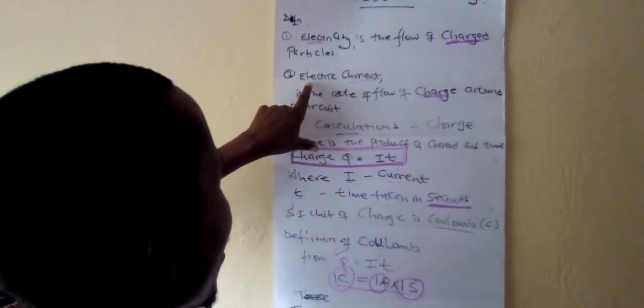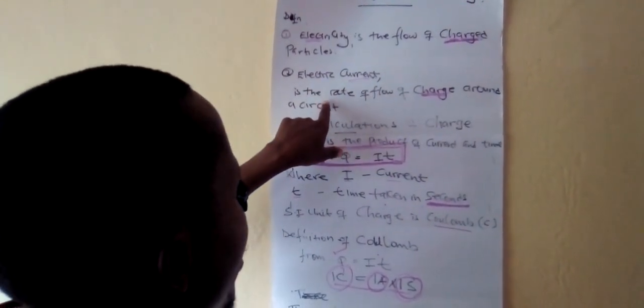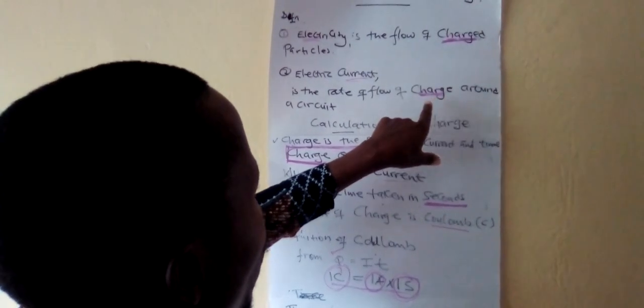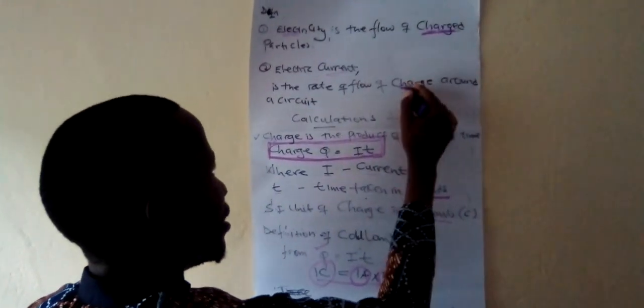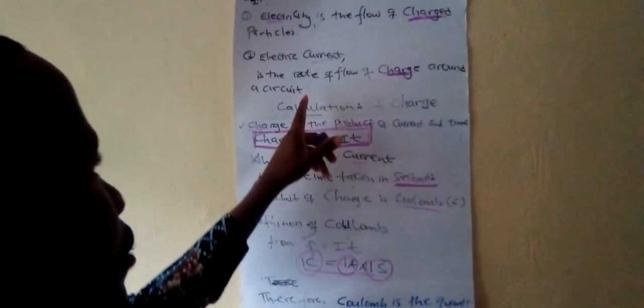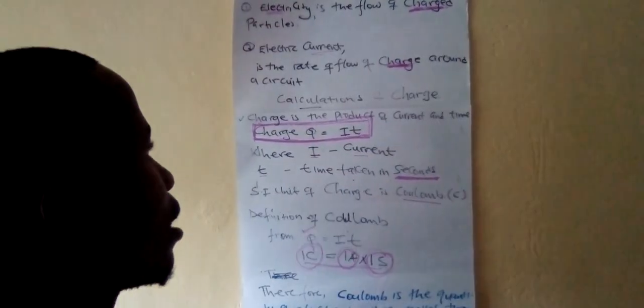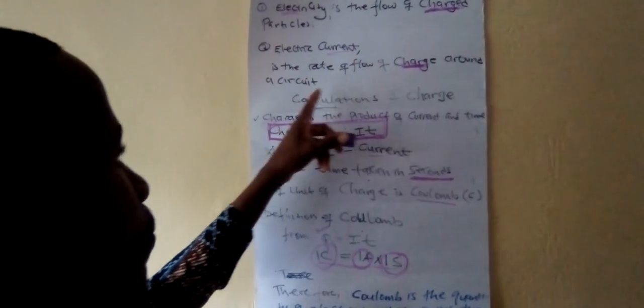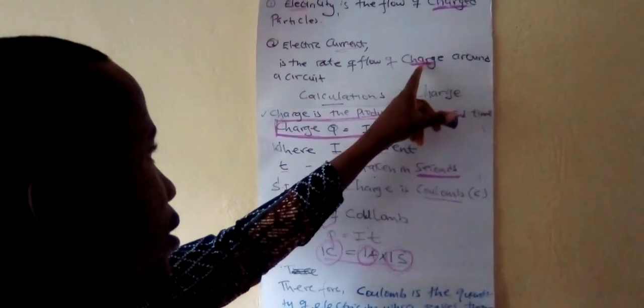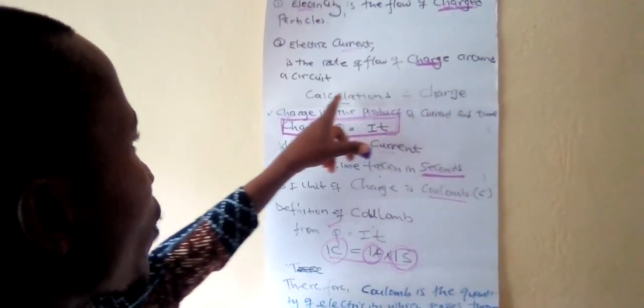Electric current is the rate of flow of charge around the circuit. Still the keyword here is charge. Electric current looks at how fast charge moves in a given period of time. It means that charge is important here.